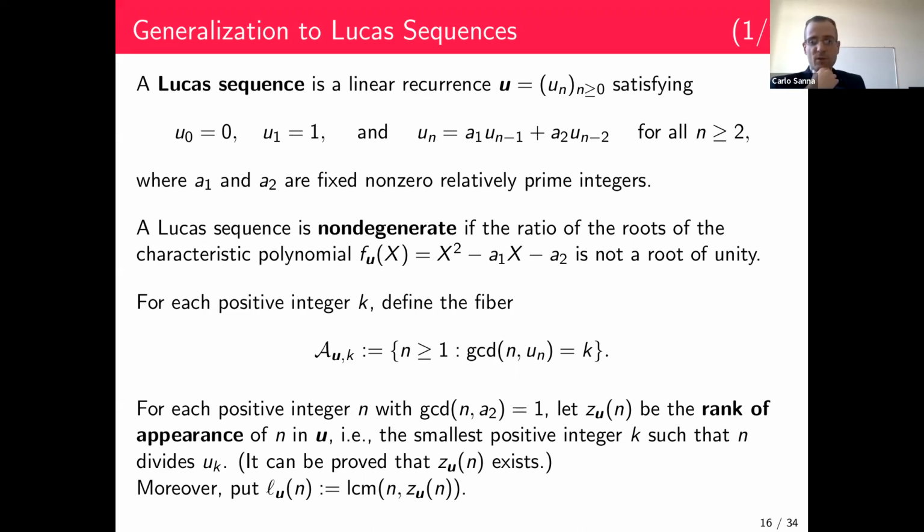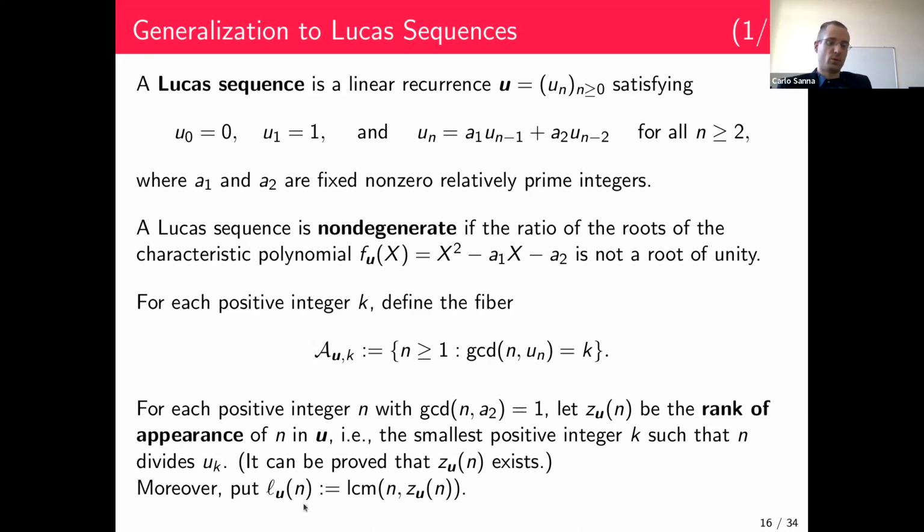And we can also define the rank of appearance, here called z sub u(n), as the smallest positive integer k such that n divides u sub k. Here there's only a little restriction: in order for the rank of appearance to exist, we need that n is coprime to the coefficient a sub 2.